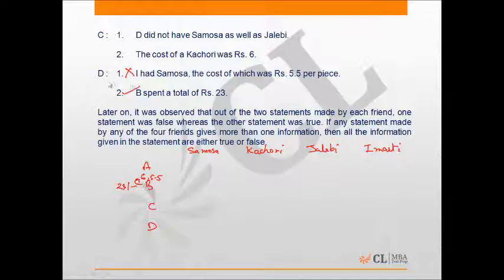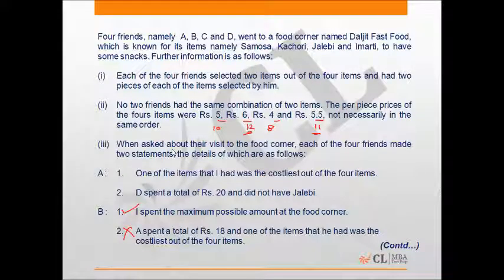So D says I had samosa, which is false, so I can put a cross here, which is of 5.5 rupees per piece. That means the cost of samosa is not 5.5, right? Now A's first statement is that one of the items that I bought was the costliest of the 4 items, and D spent a total of 20 rupees and did not have jalebi.